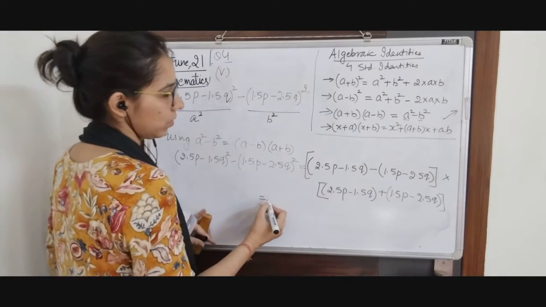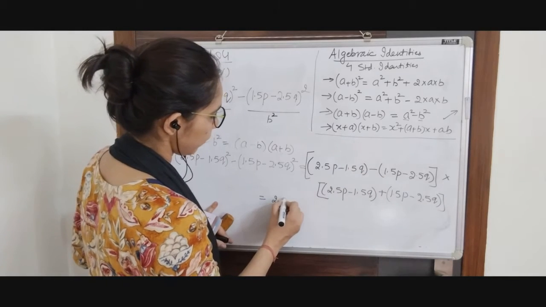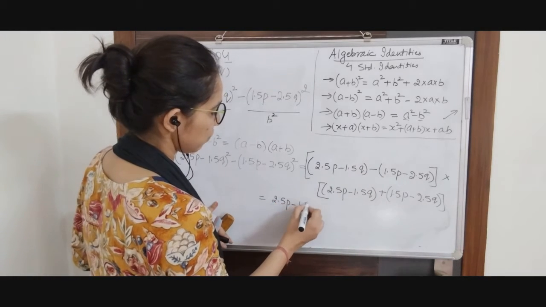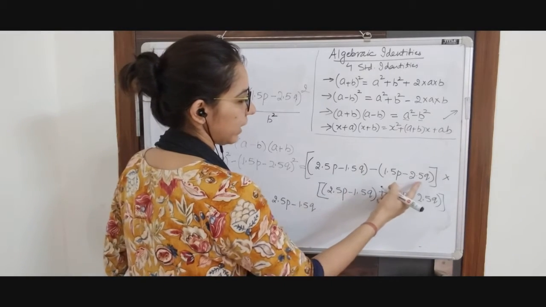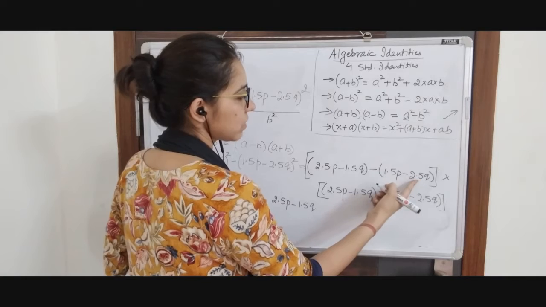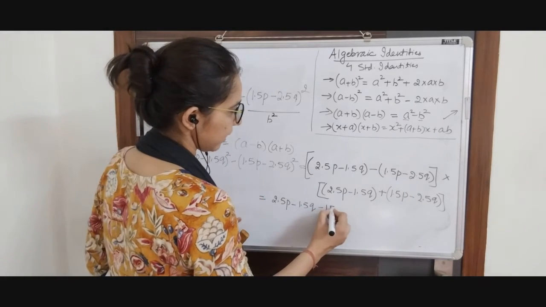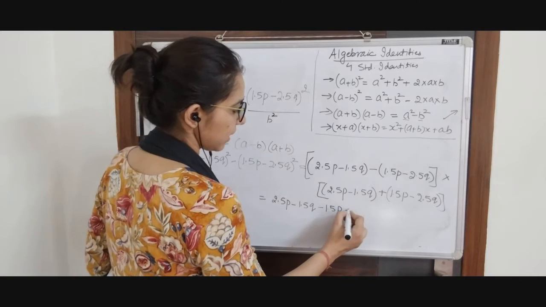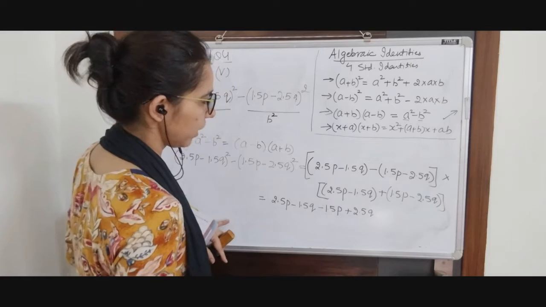So now we are going to open these brackets and we are going to get 2.5p minus 1.5q as it is. Now because we have negative before the bracket, the sign of terms inside this bracket are going to get changed. So we will get minus 1.5p plus 2.5q. Okay.